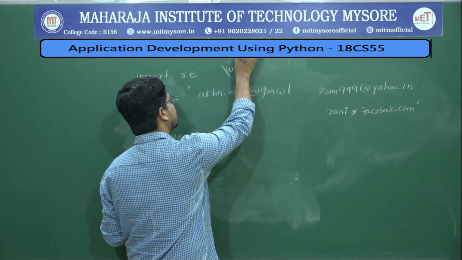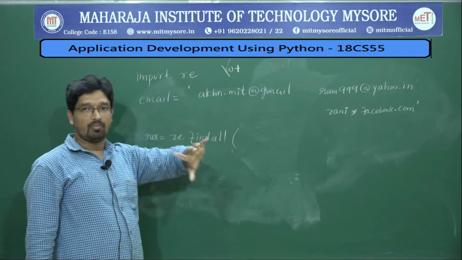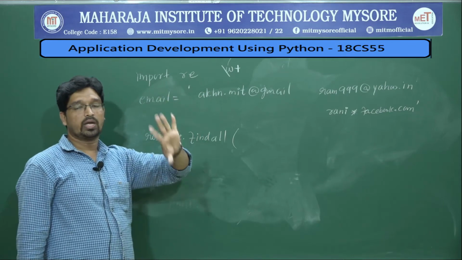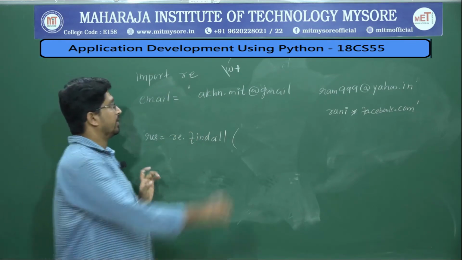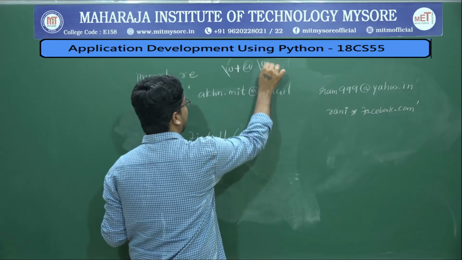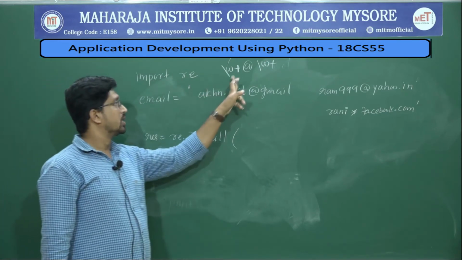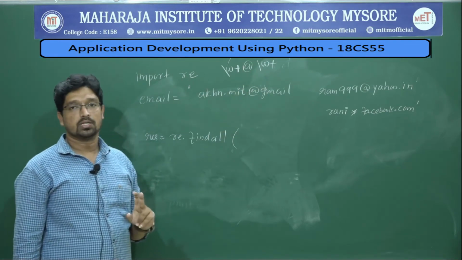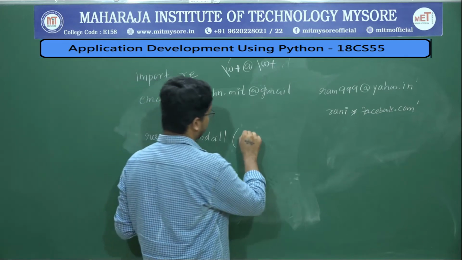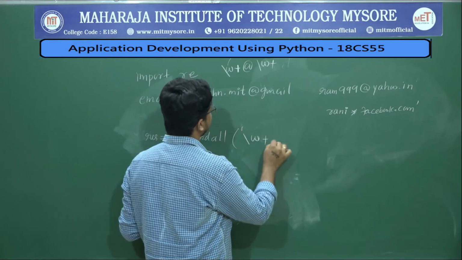So what will this match? This will match alphabets, uppercase, lowercase, and 0 to 9. Then the at symbol, then again words: words at words. So that pattern should be written. \w plus means any number of words.